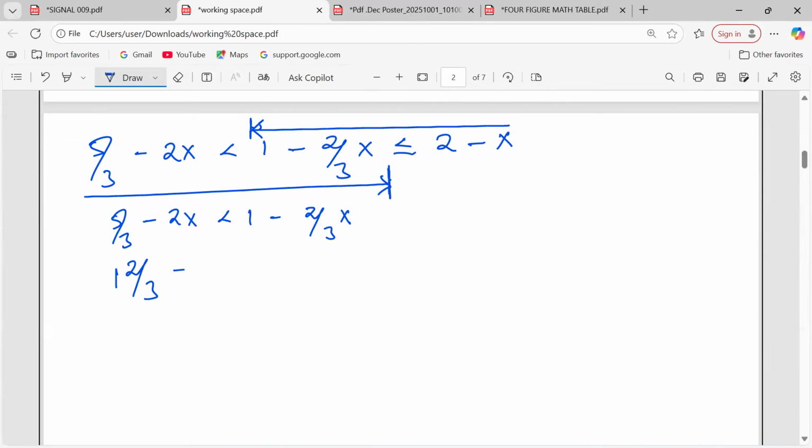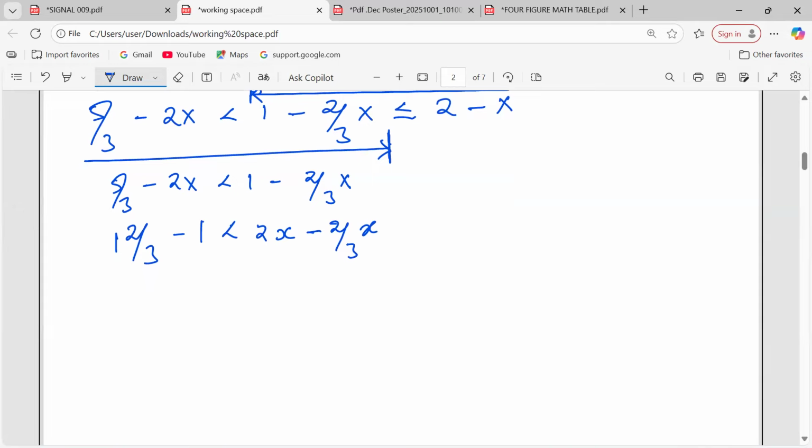So the 1 on the right has now been brought to the left, becoming negative. Less than. Now the 2 on the left becomes positive. Then we subtract 2/3 x. We have to know that when a term changes its side, the sign changes. So 2 minus 2/3, we get 1 1/3, right?